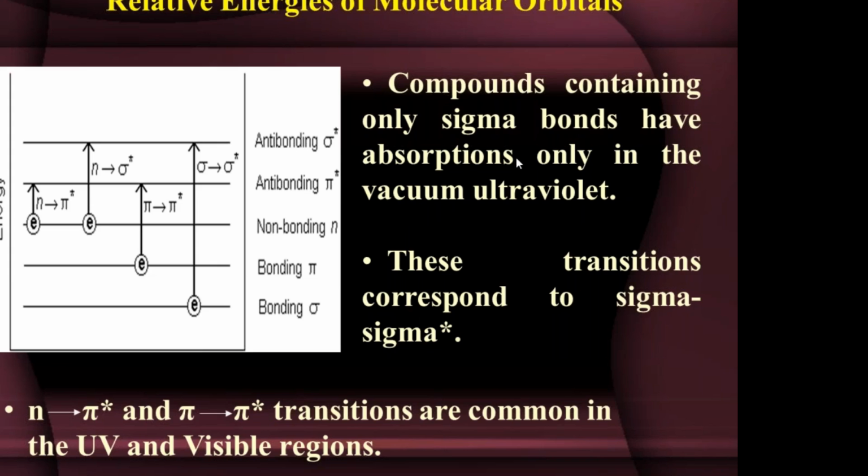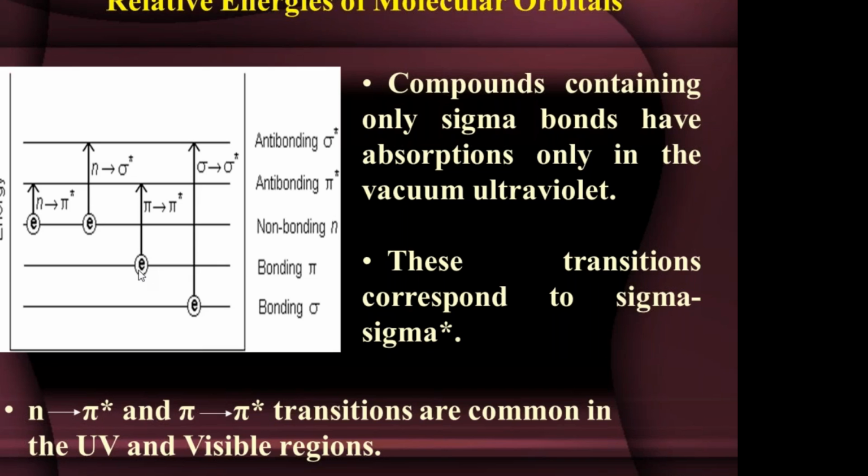At the most, they can show absorption in the vacuum ultraviolet region. The vacuum ultraviolet region extends from 5 to 180 nanometers, and the UV region is from 180 to 380 nanometers. The visible region starts from 380 and extends to 780 nanometers. Now these transitions correspond to sigma sigma star. That is why this type of transition does not take place in the UV visible regions.